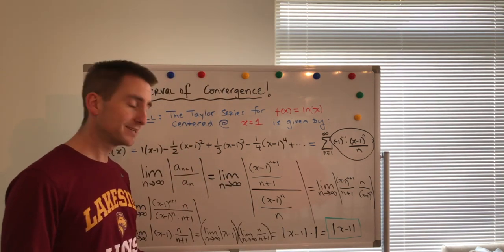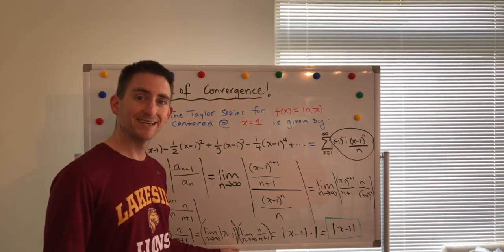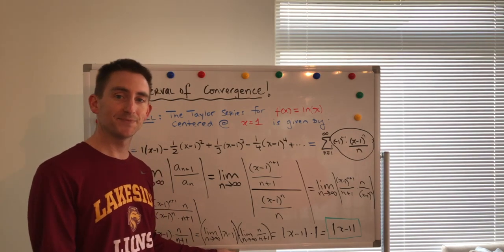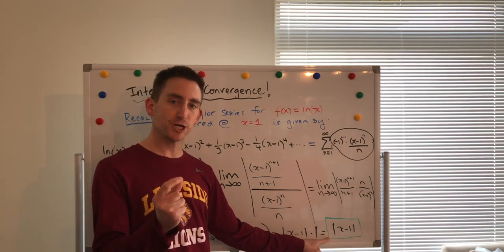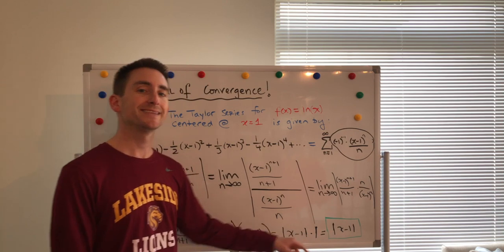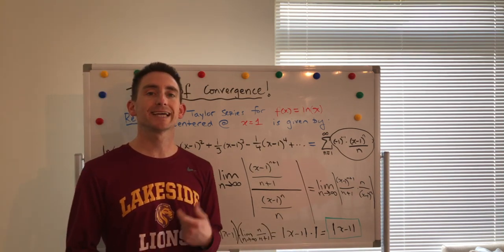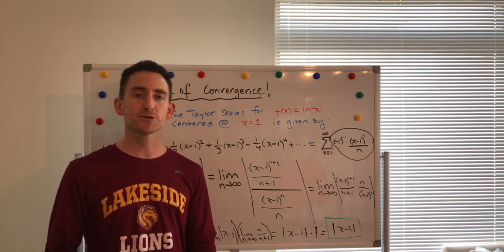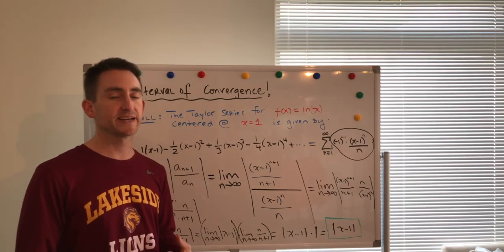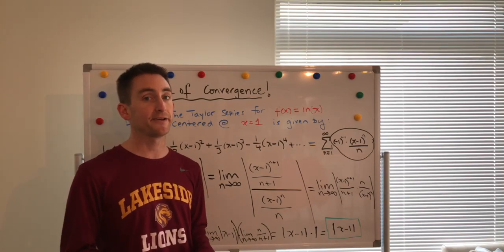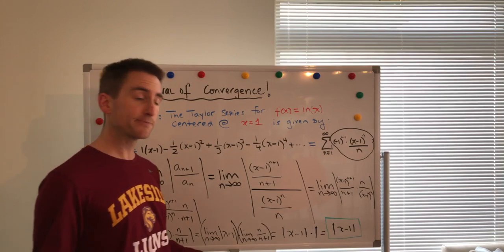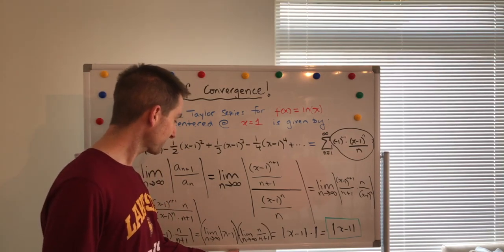And we want that to be less than 1. Because if that ratio is less than 1, then that series is behaving like a geometric series that converges because the ratio of consecutive terms has an absolute value that is less than 1.